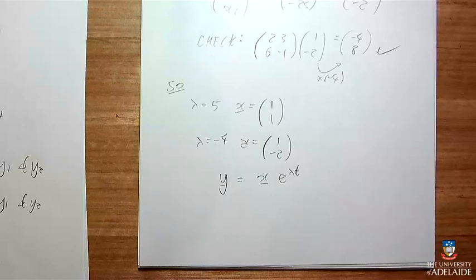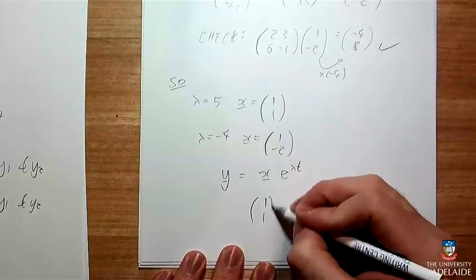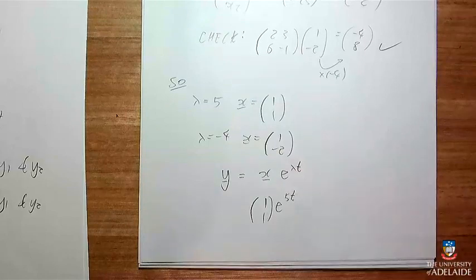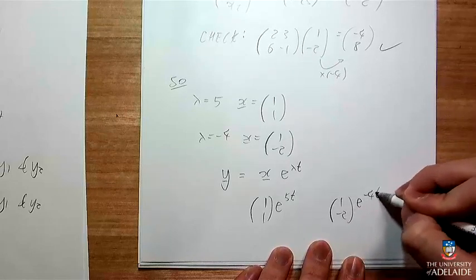And so I get two different answers. I've got 1, 1 e to the 5t, and also 1, minus 2 e to the minus 4t.